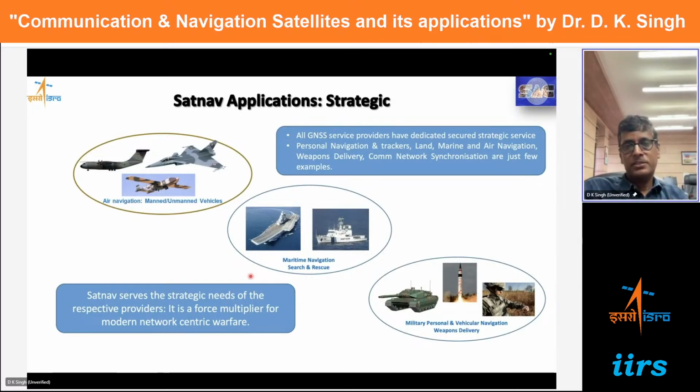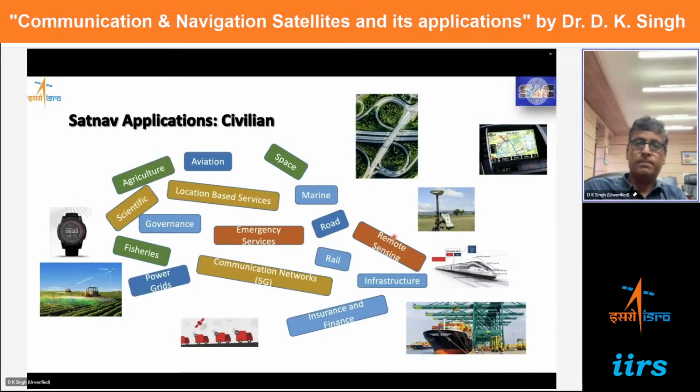Now if you look at the strategic applications, defense aircraft can use this. It can be used to guide weapons, and it can be used to maintain the timing of the defense communication network and so many things. In the civilian domain, as I talked about, even in agriculture it has applications where they do the seeding and spray the pesticide in the field.